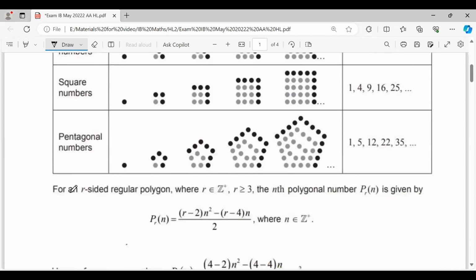Okay. For an r-sided regular polygon, where r is an element of the integers and r is greater than or equal to 3, the nth polygonal number, P_r(n), this is the symbol, is given by P_r(n) equals ((r minus 2)n squared minus (r minus 4)n) over 2, where n is an element of the integers.